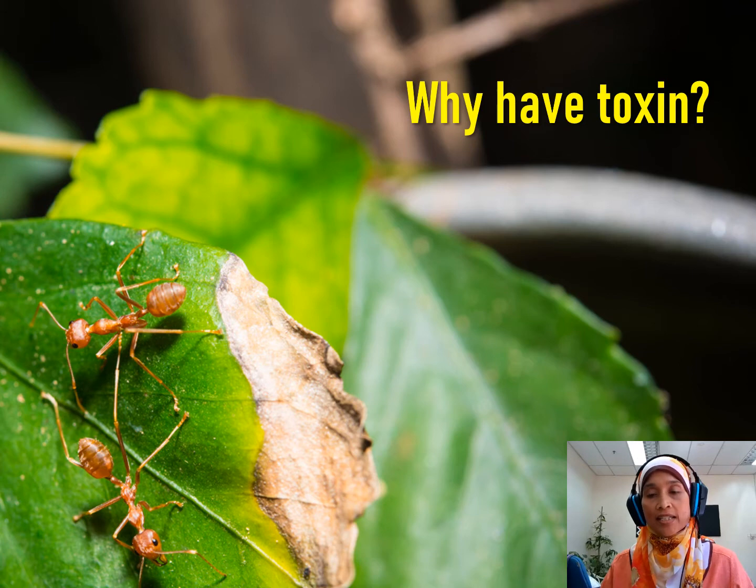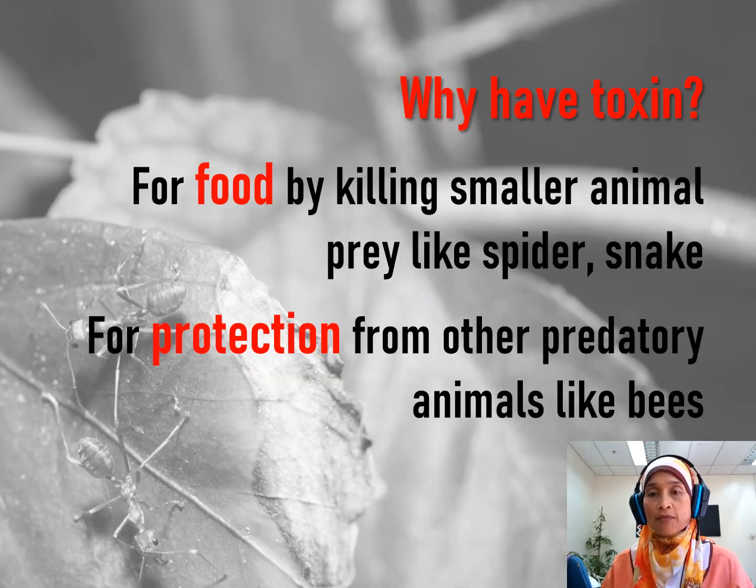So why do these animals or these creatures have toxins? Well, toxins are used for killing smaller animals or prey in order for these larger animals or creatures to get their food. Toxin is also used as a protection.